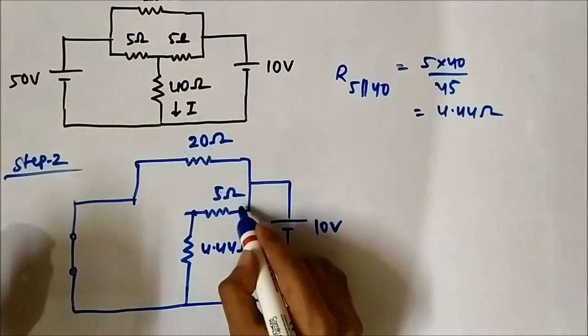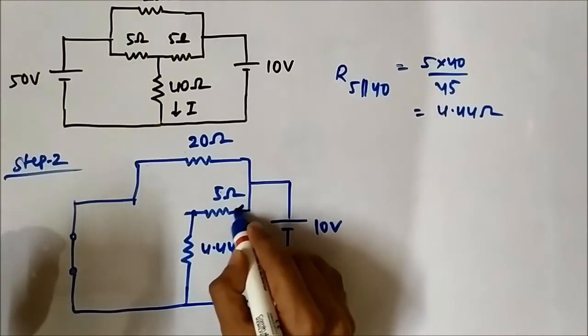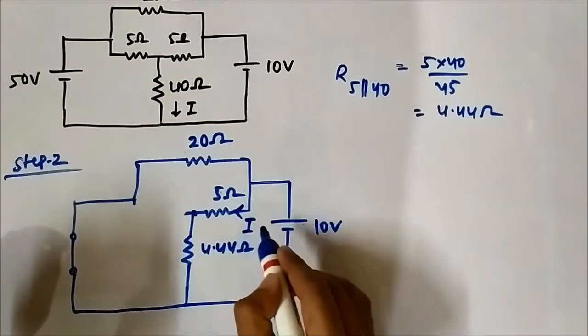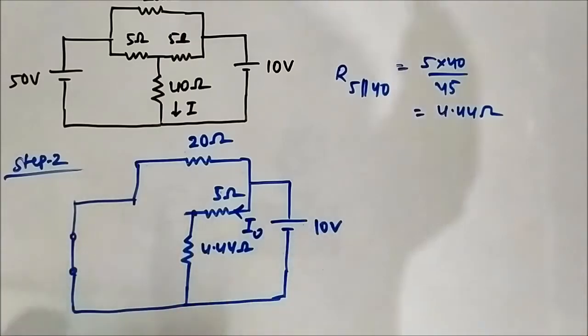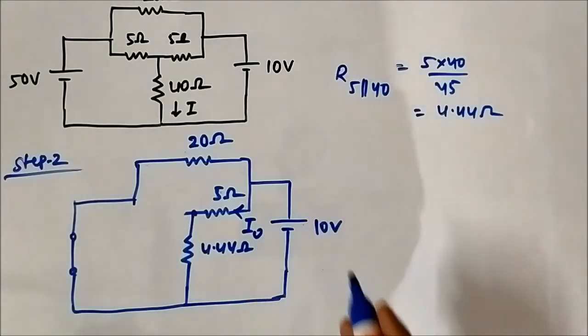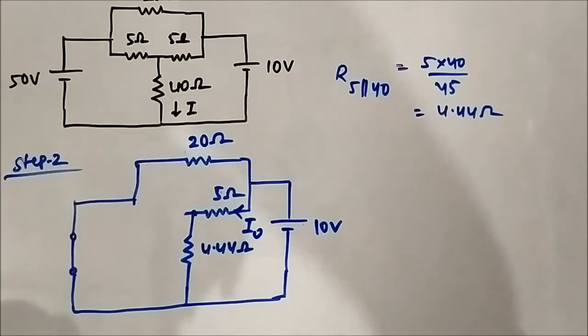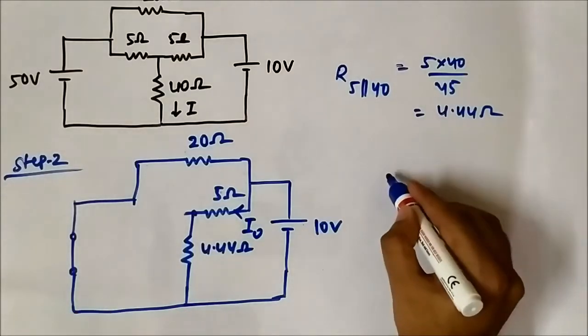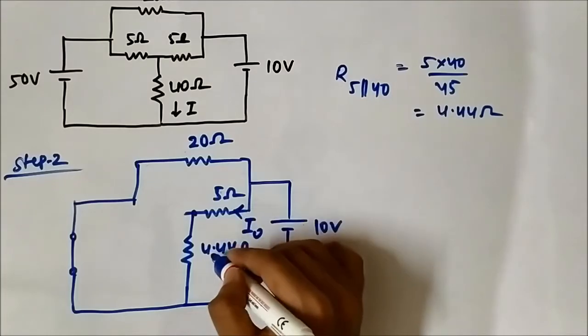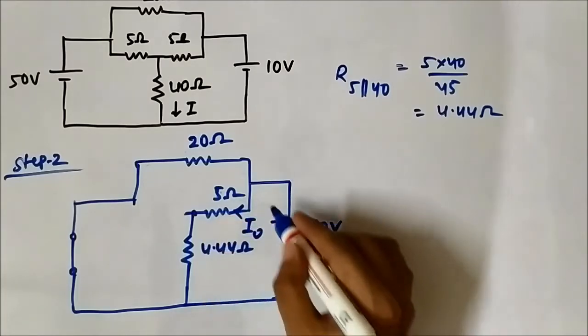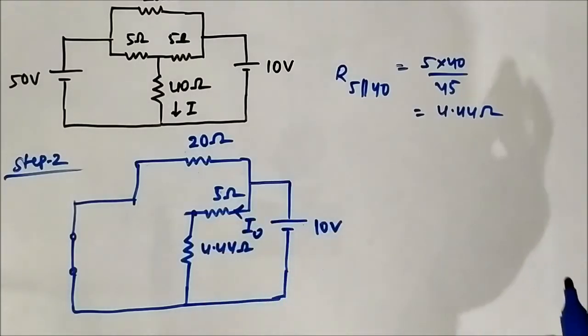Now we have to determine this current. Let's again call it I naught. This current I naught, this 5 ohm and 4.44 ohm, they are in series connection across this 10 volt voltage source.